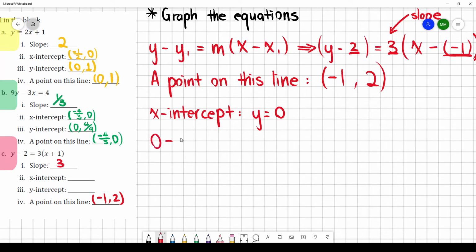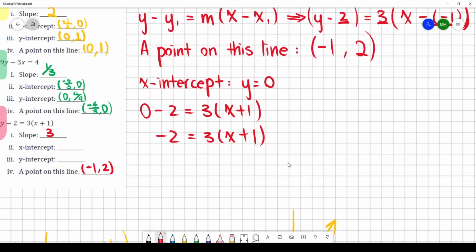So for the x-intercept, y is equal to 0. So 0 minus 2 is equal to 3 times x plus 1. So -2 is equal to 3 times x plus 1. I probably want to multiply this out: 3x plus 3. Then minus 3 on both sides, I get negative 5 is equal to 3x.